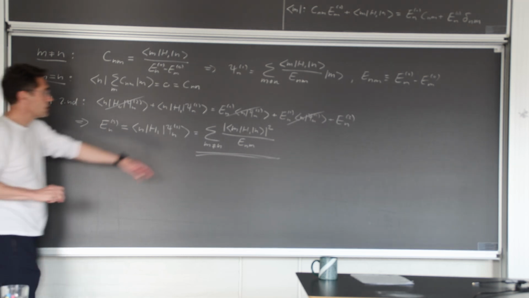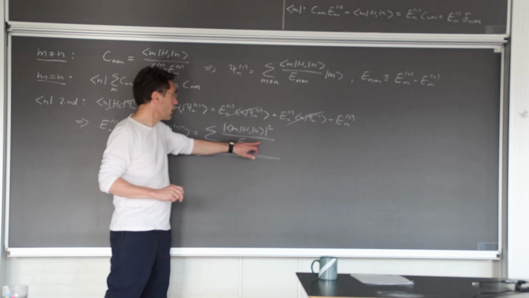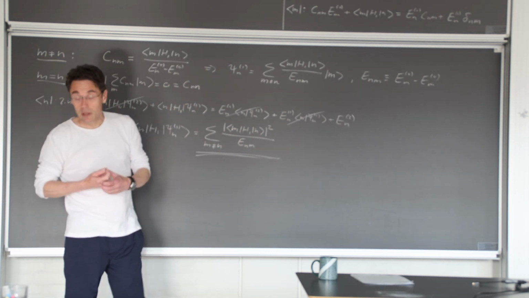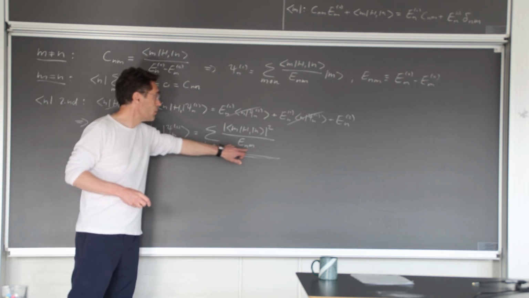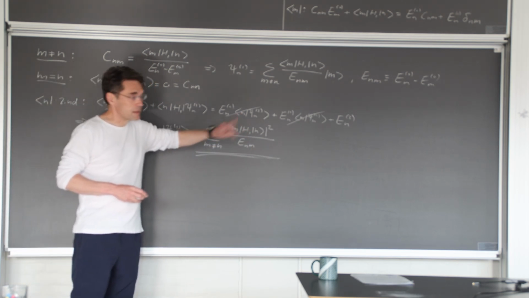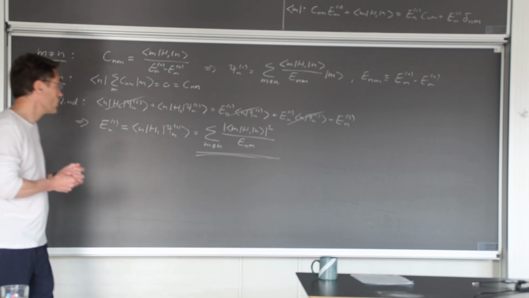So it follows this pattern very much. You can see that the terms that are going to contribute there are again those that are close in energy to my original state, barring these selection rules, obviously.